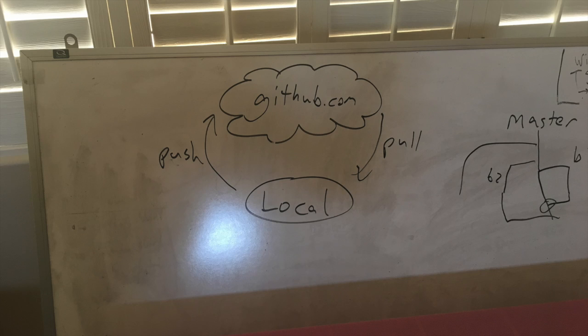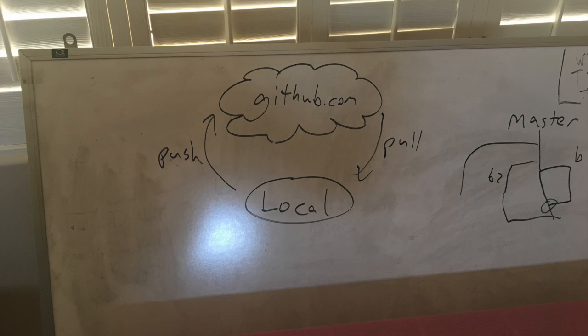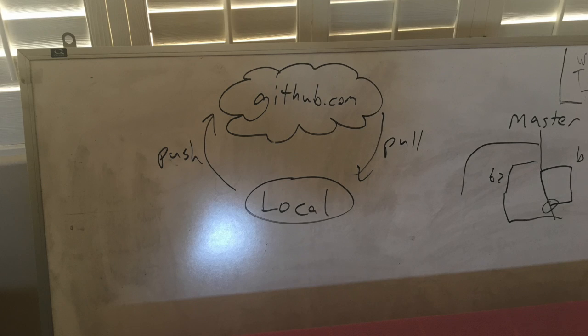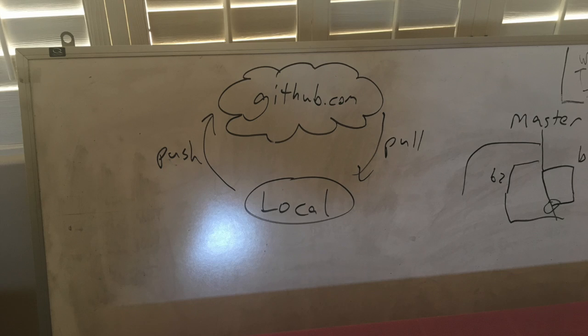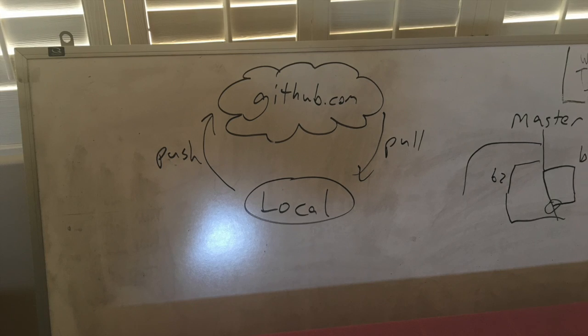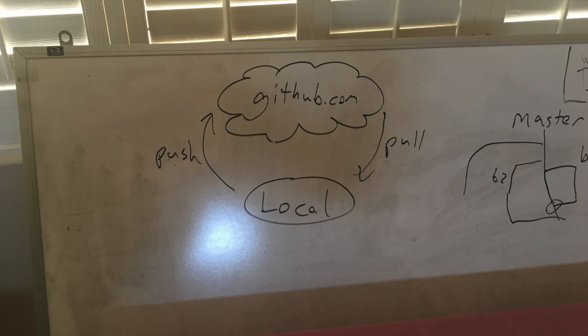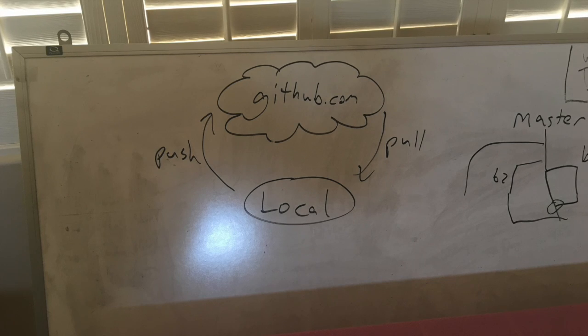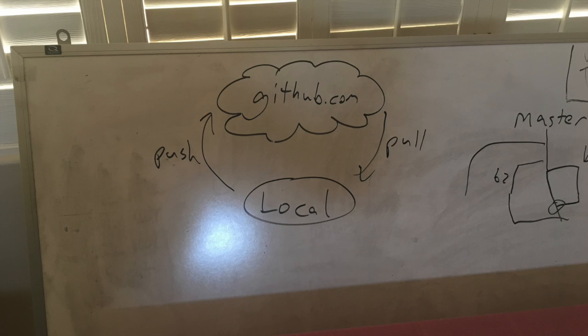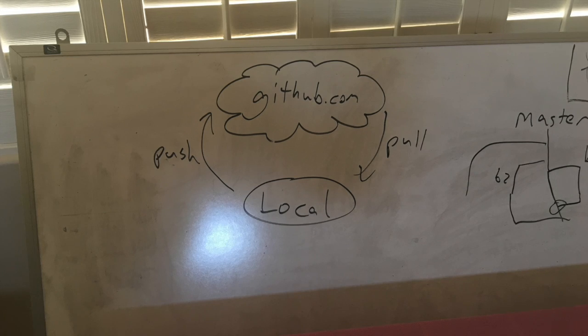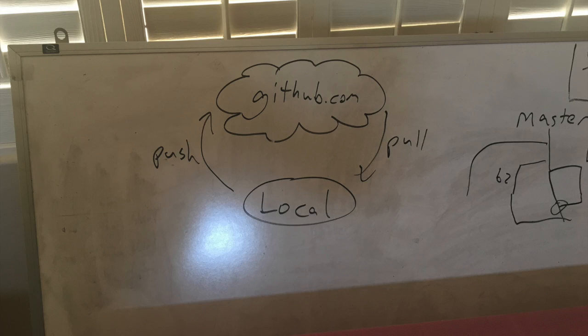So basically, when you make a Git repository, that's the name for a project on GitHub. It creates an online version on GitHub.com, a version on the server, you would call it, and there's also a local version that's just saved in a folder on everyone's computer.